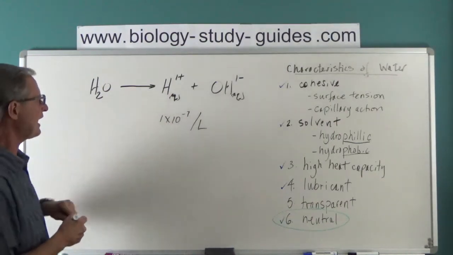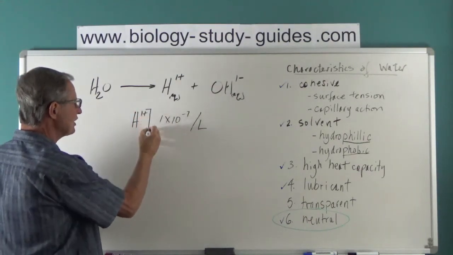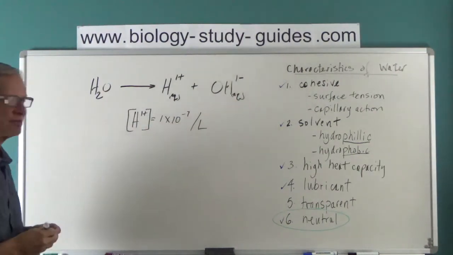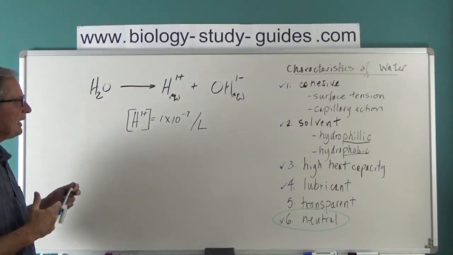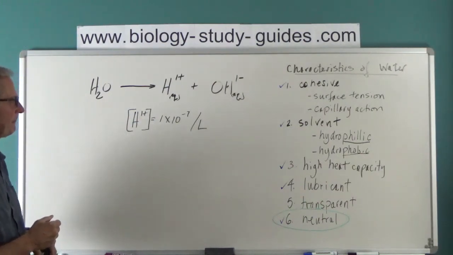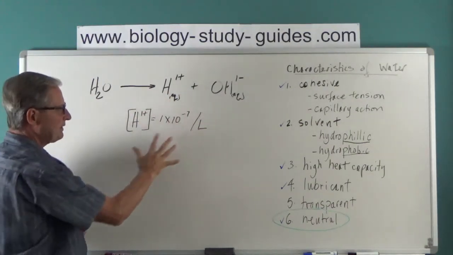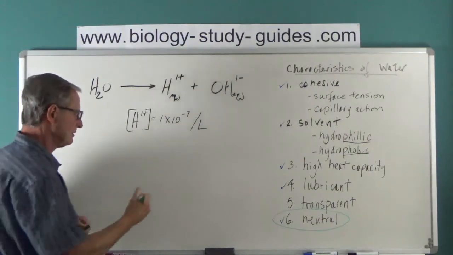So we're just looking at the hydrogen itself. We could look at the hydrogen ion concentration, which, if we're taking chemistry, would be written that way, is equal to 1 × 10⁻⁷ ions per liter. This relationship here allows me to define pH.